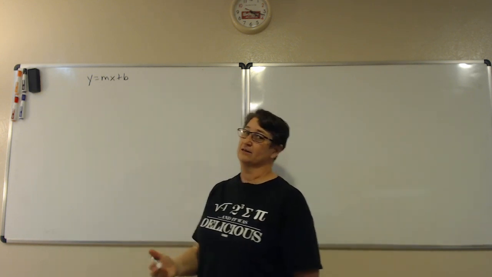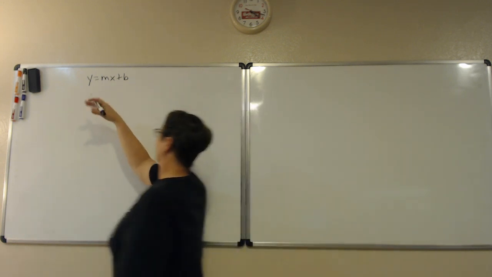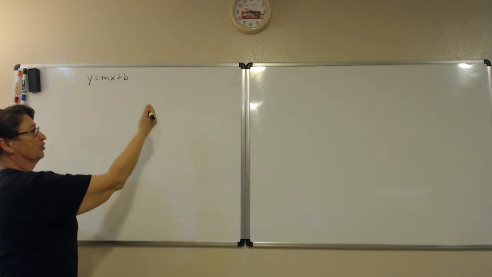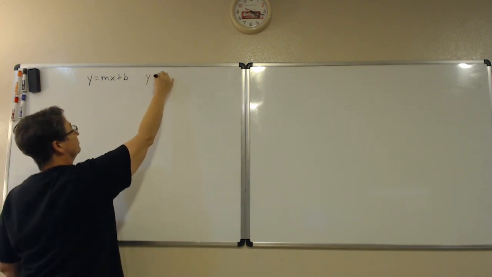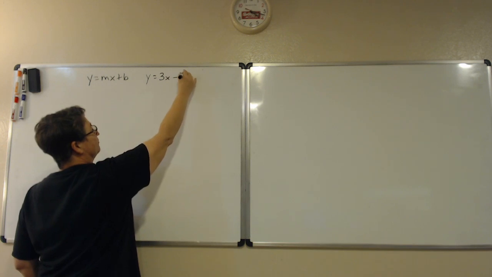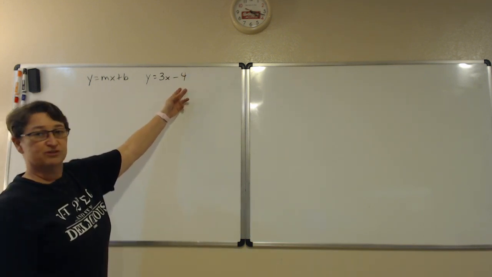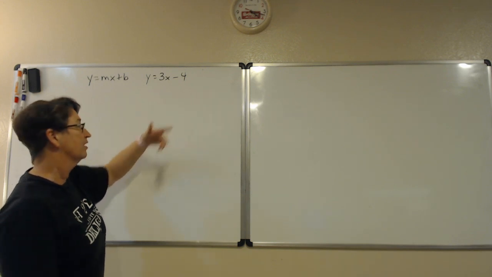Remember doing that? I don't know, that's been 2 weeks or longer. So some examples of some linear functions might look like this. Here's a family member where my slope is 3 and my y-intercept is at (0, -4).